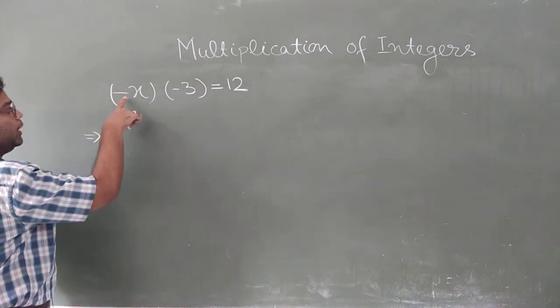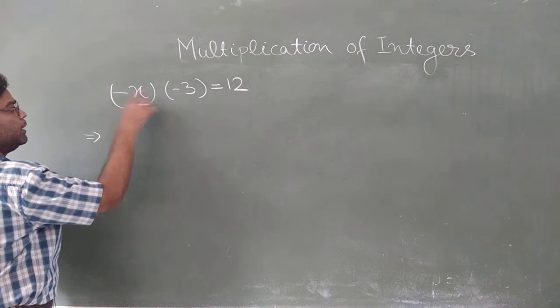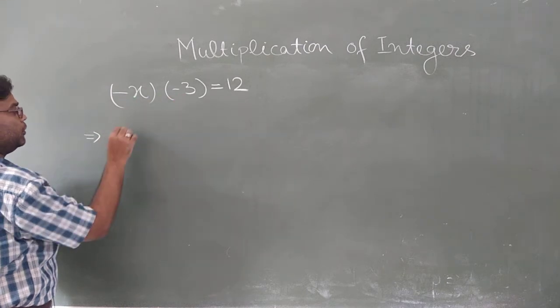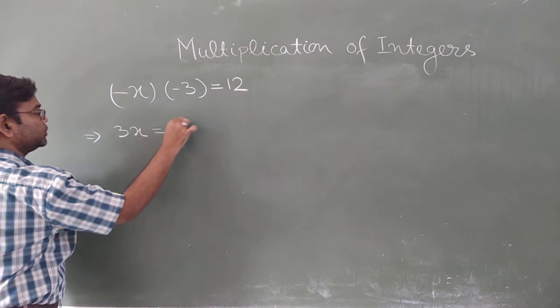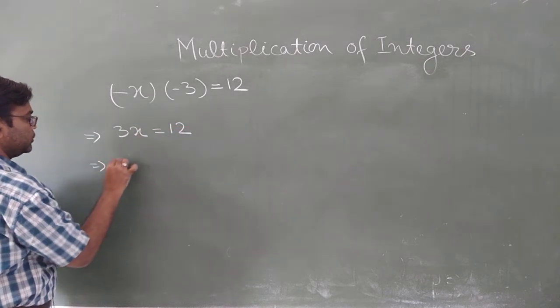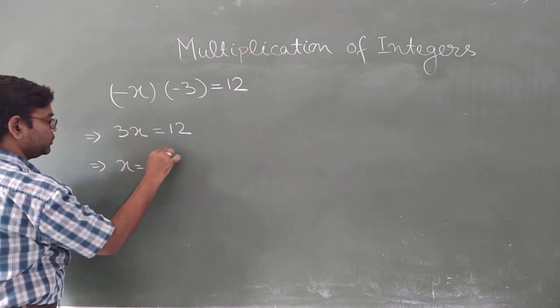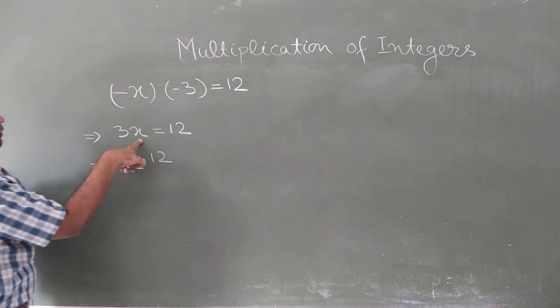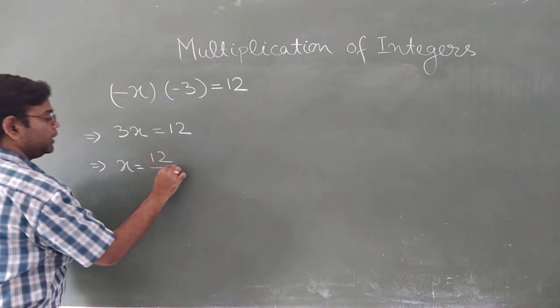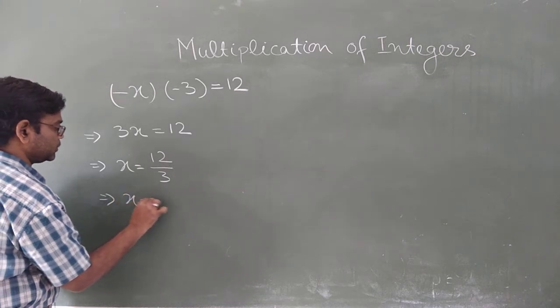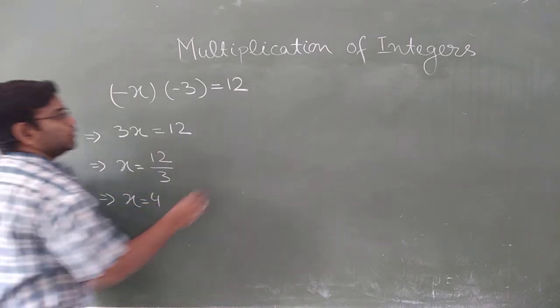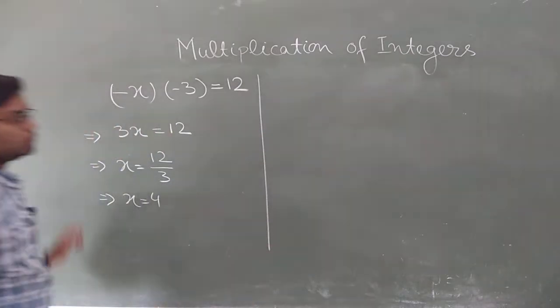First we check: if we multiply both negative numbers, we have positive, so it's 3 into x, 3x equals 12. So x equals 12. This 3 in multiply form, if you shift, changes to divide form. x equals 12 divided by 3, 3 4s are 12, so x equals 4.